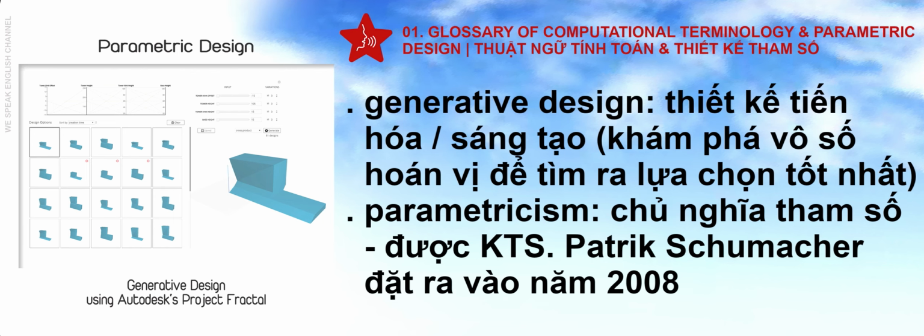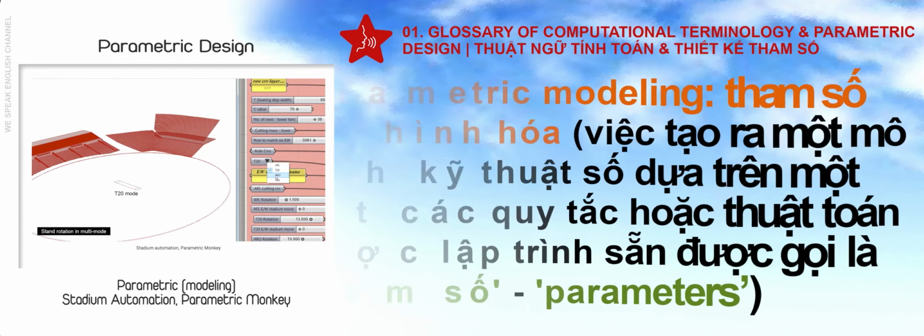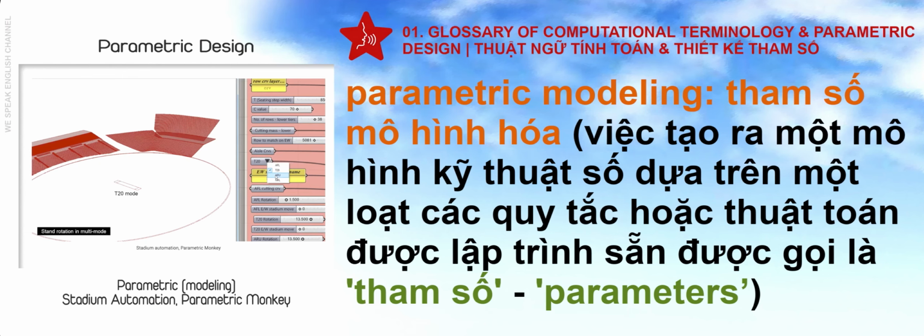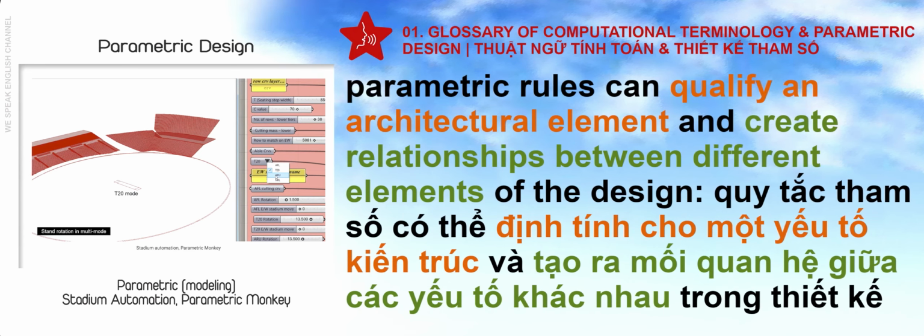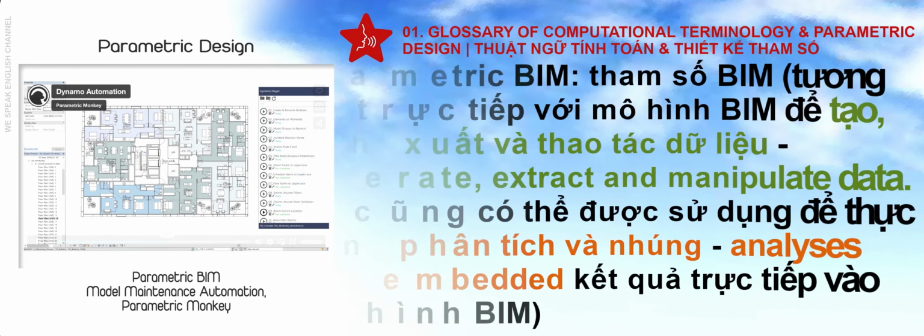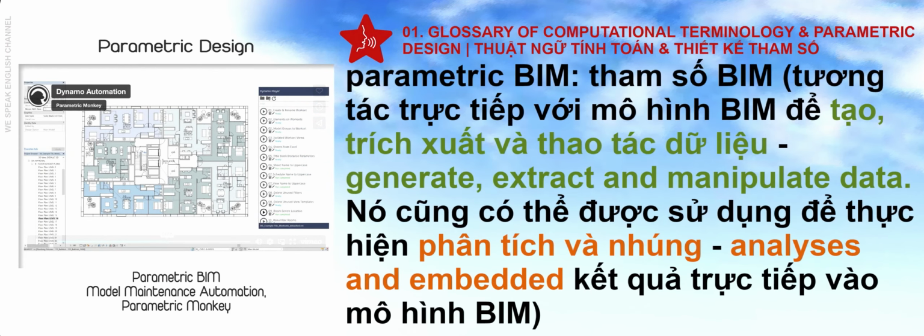Parametricism. Parametric modeling. Parameters. Parametric rules can qualify an architectural element and create relationships between different elements of the design. Parametric BIM.